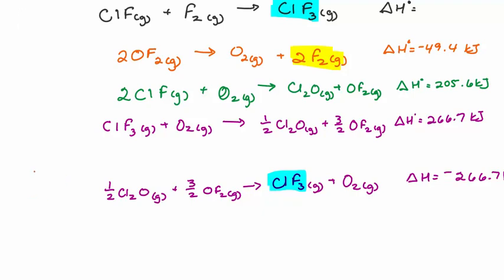So I'm going to write what I'm doing over here on my delta H. I'm multiplying it through by 1/2, but I'm also flipping it around, so I need to change the sign. So I'm going to multiply my H by a -1/2. The negative indicates that I'm flipping it, and the 1/2 indicates the scale factor that I'm using here.